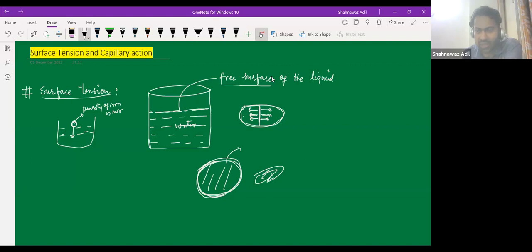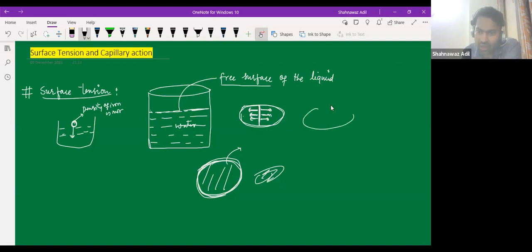So you guys have seen the mosquitoes on water, right? So they don't sink in the water. Why does that happen? You have seen the larvae of the mosquitoes and you have seen those mosquitoes on the water, they don't sink inside the water. Why does that happen? They float because of this.